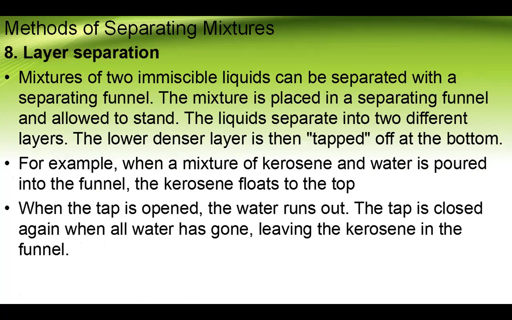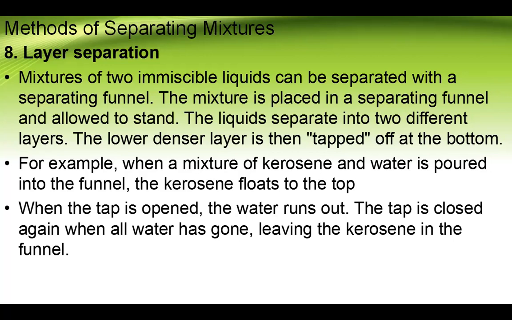The eighth one is layer separation. Mixtures of two immiscible liquids can be separated with a separating funnel, whereby the mixture is placed in the separating funnel and allowed to stand. The liquid separates into two different layers. The lower, denser layer is then tapped off at the bottom.